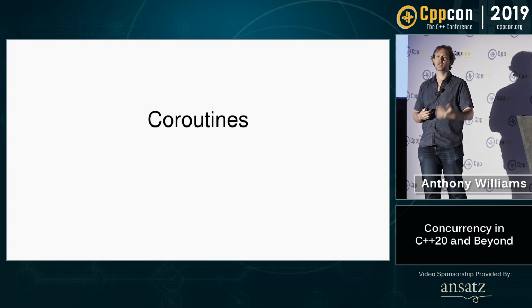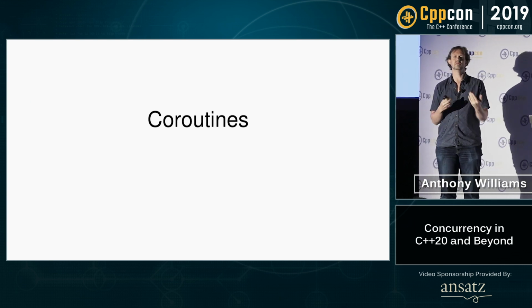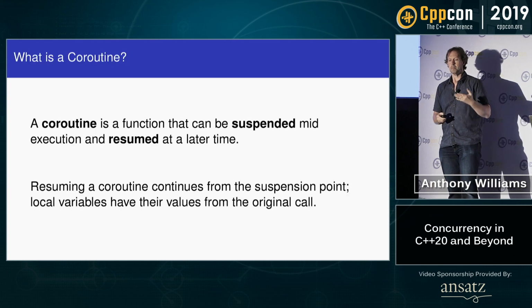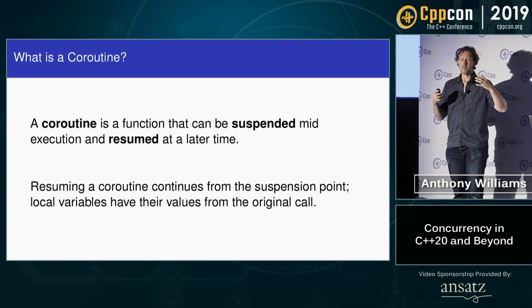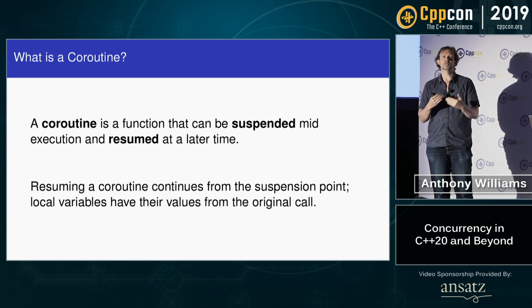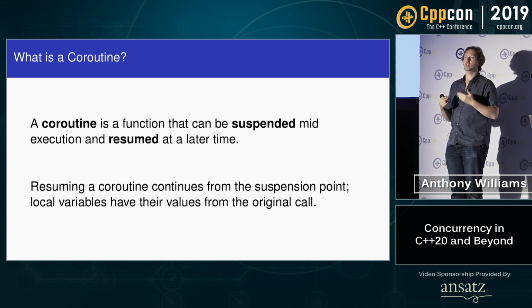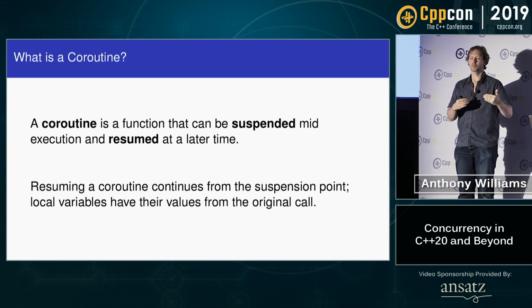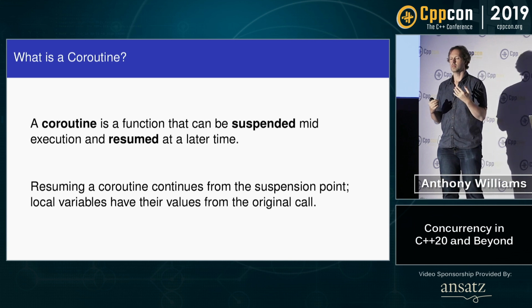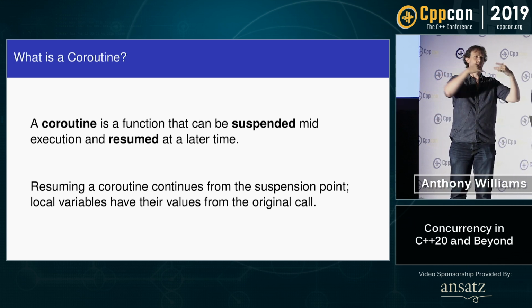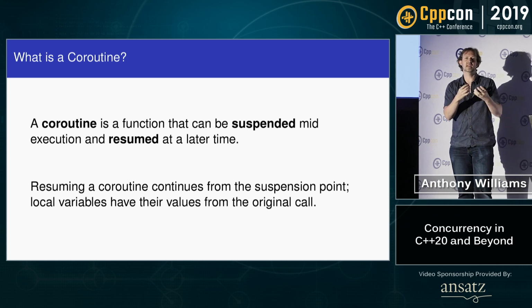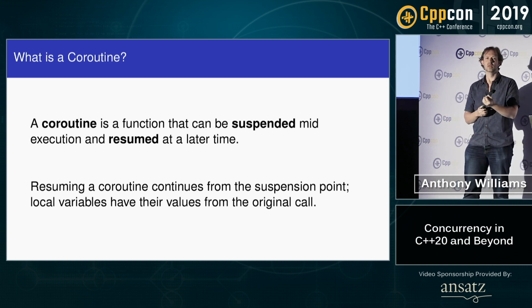Okay, so coroutines is the last thing that's in C++20 that has bearing on concurrency. Fundamentally, a coroutine is a function, but it's something that you can suspend midway and then resume at a later time. And it continues where it left off, and things like local variables have the same value.